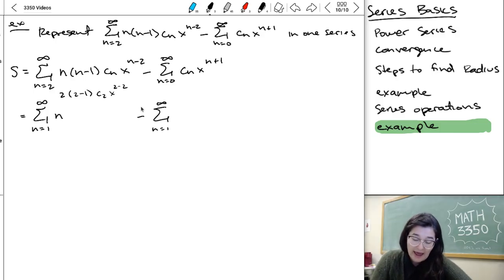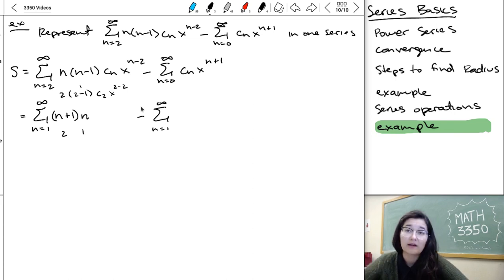So if I just wrote n to replace that n, then my first term would be 1, which is no good. So instead, I'm going to do n plus 1. Now, if I plug in my first value, n equals 1, I get 2. Same thing here, I want this to come out 1. So instead of writing n minus 1, I'm just going to write n. That way, when I plug in the first index, I get 1.